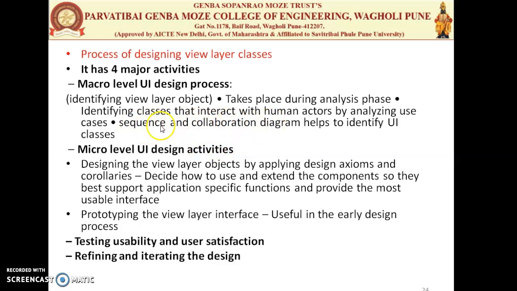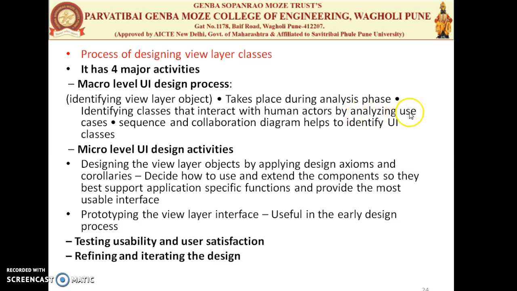As these two diagrams are used for the interaction purpose, as we have seen in the second unit, the sequence and collaboration diagram is used for the interaction purpose. They will show how the user will interact with the system. So if you want to find the classes which will interact with the human actor, you need to analyze two different diagrams.